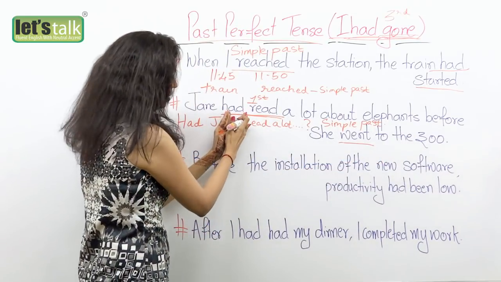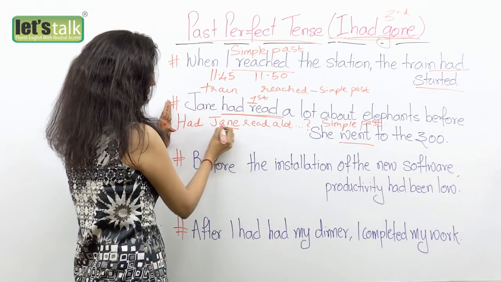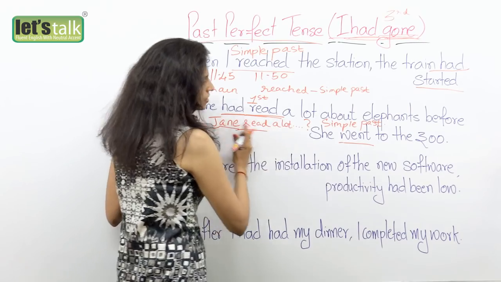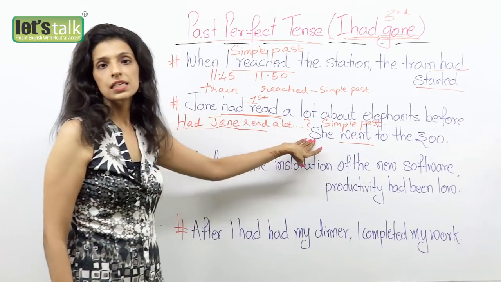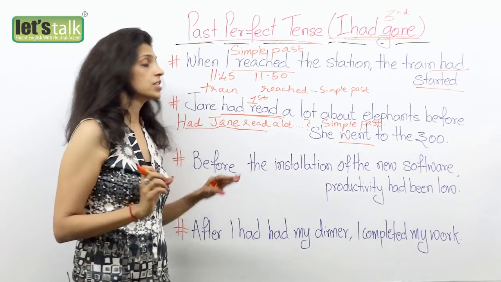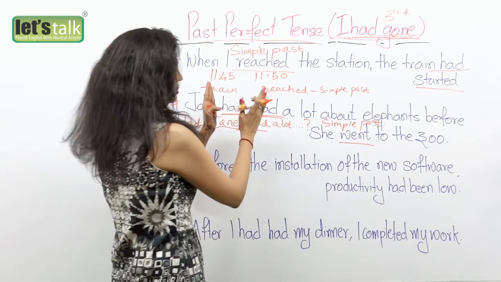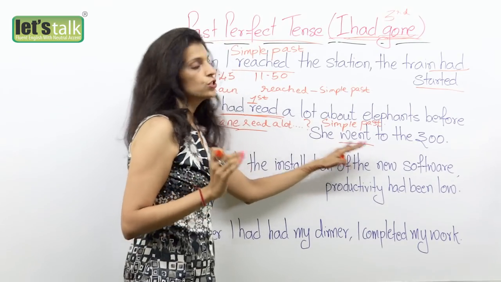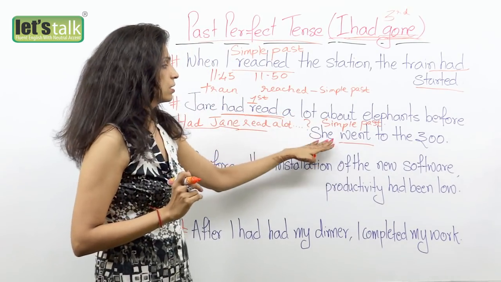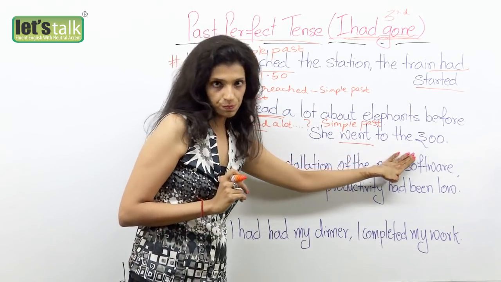So you take had, you move it before the subject like I have done here. Continue your sentence with a question mark in the end. And that's how you make a question in the past perfect tense. Again, it's very clear here. She read first and then she went to the zoo. So I say she had read a lot before she went to the zoo.